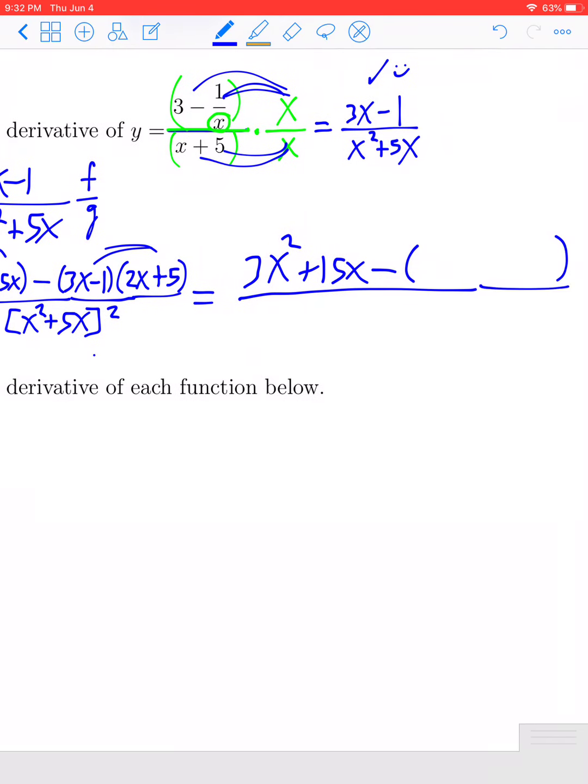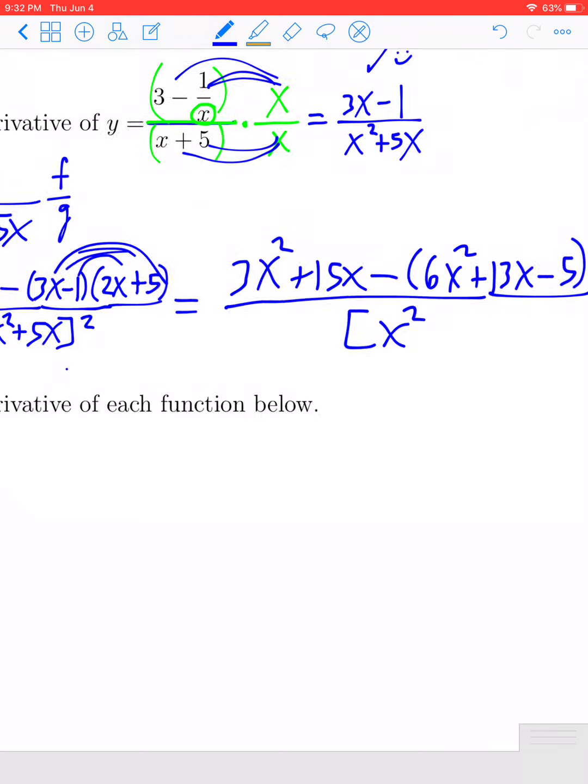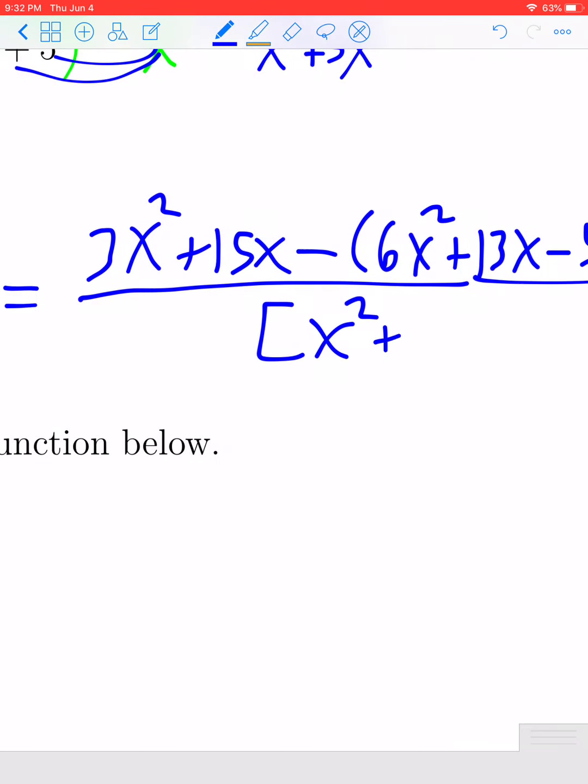I'll skip some of this algebra, but you're going to get a 6x squared. The outer and the inner terms would give you 15x minus 2x, which would be a positive 13x. And then we're going to have a minus 5, all divided by (x squared plus 5x) squared.